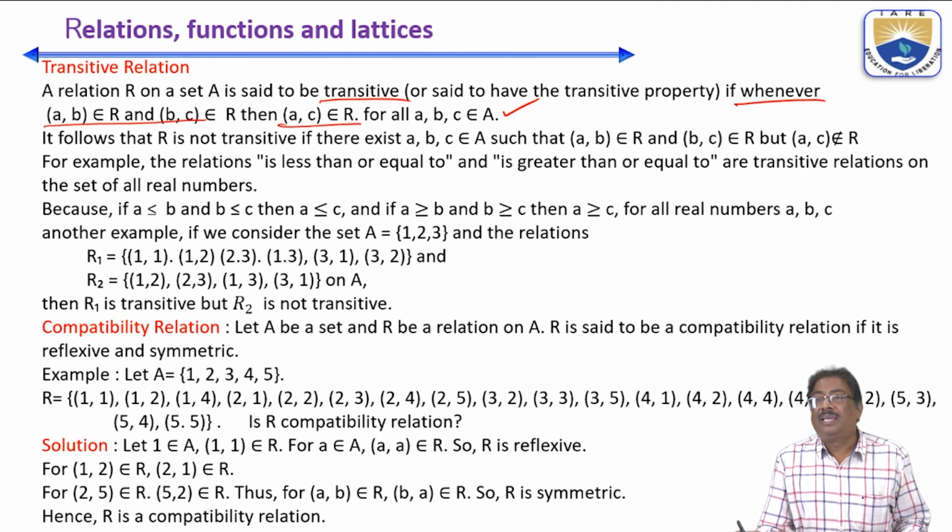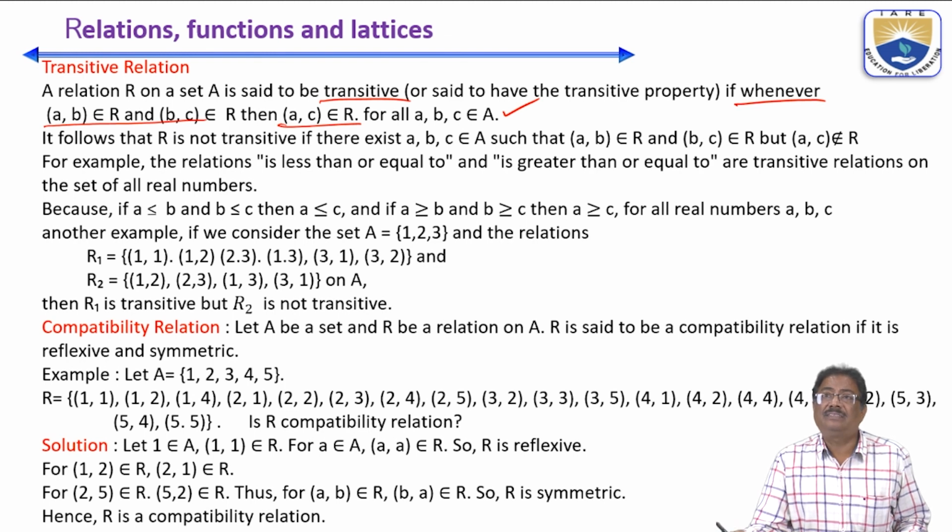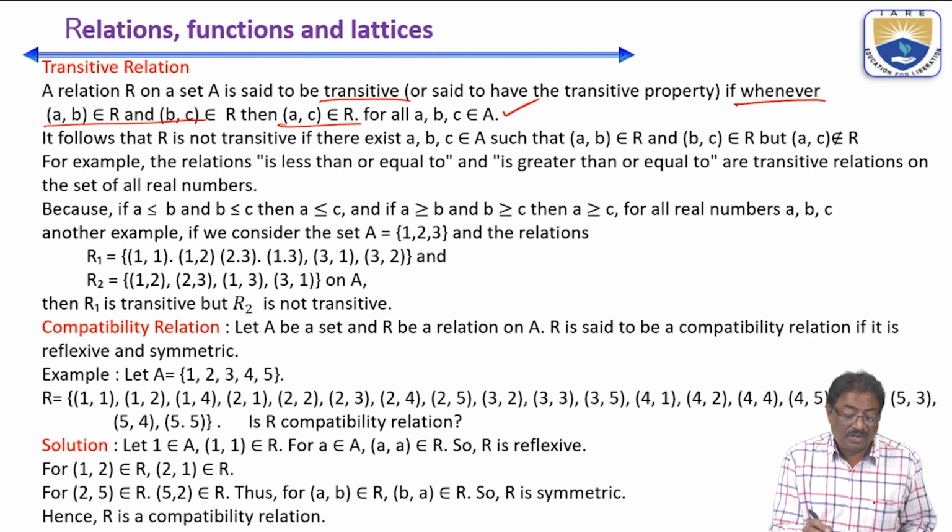In the same way, if (a, b) belongs to R but there is no (b, c), then we need not worry about whether a is related to c or not. In such a case, it is automatically understood that it is transitive only.